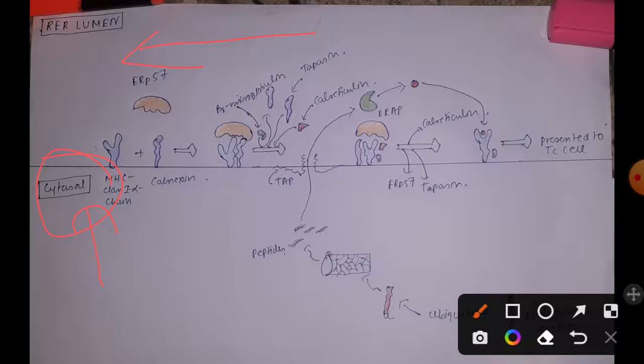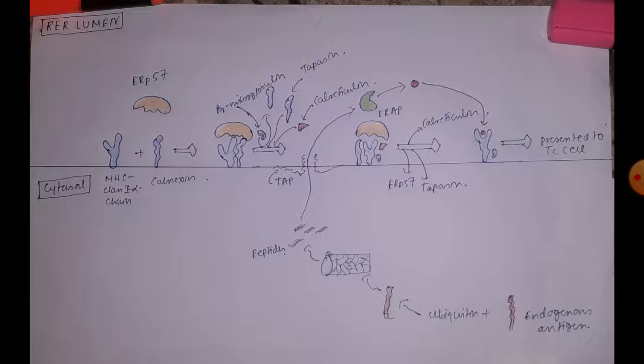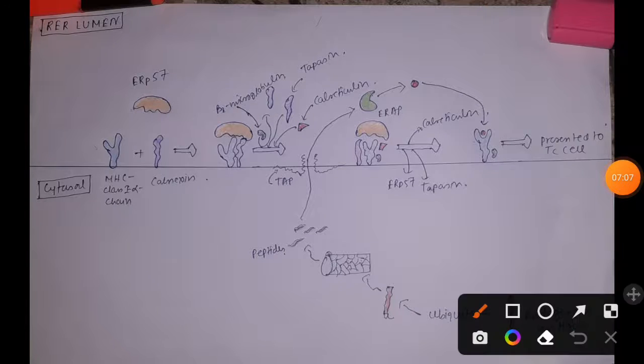Okay, so let's see. First we're going to talk about how class 1 molecules are formed. First of all, remember the arrangement of class 1 MHC molecule, that means the arrangement of alpha and beta domains.